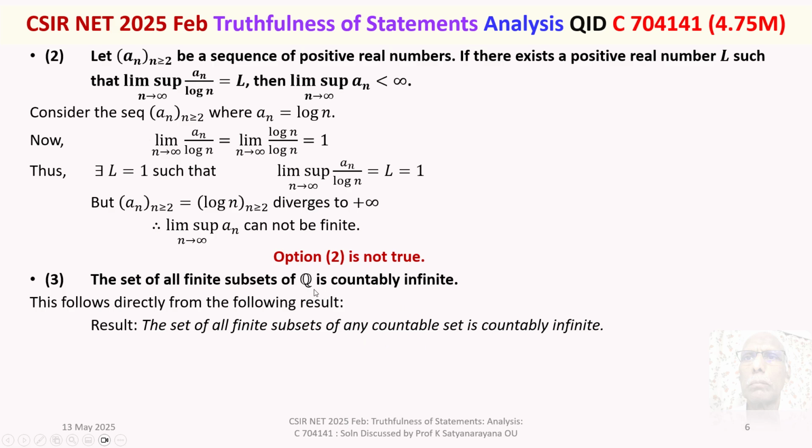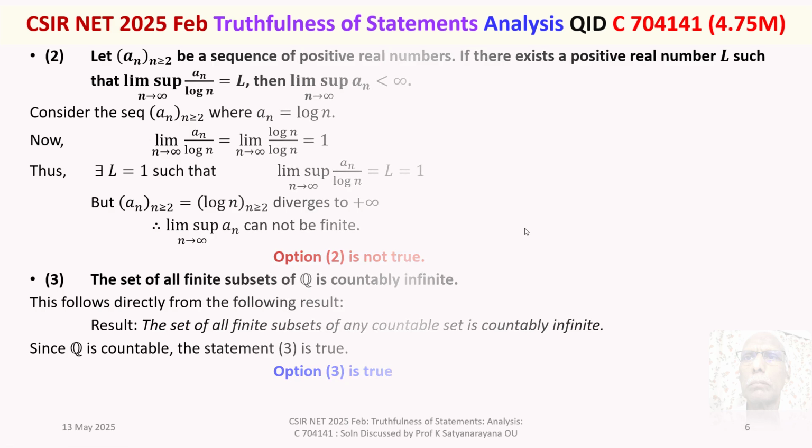So you take Q, a countable set. Therefore, the set of all finite subsets of Q is countably infinite, and the result follows. Since Q is countable, statement 3 is true. Thus, option 3 is true. Agreed. We move to the next option.